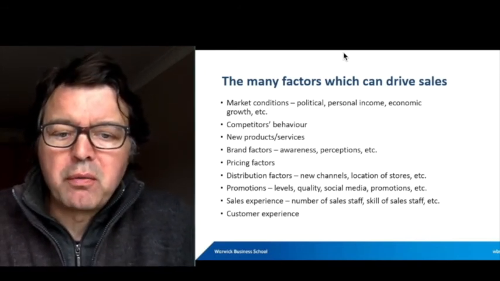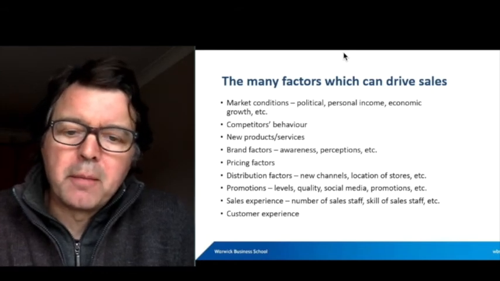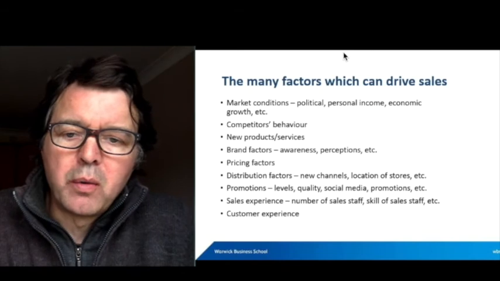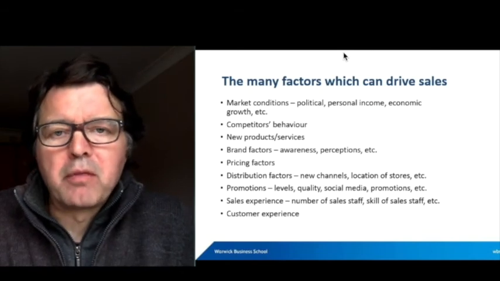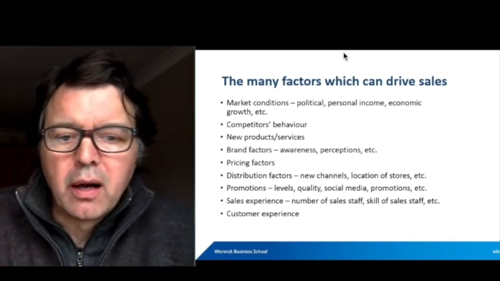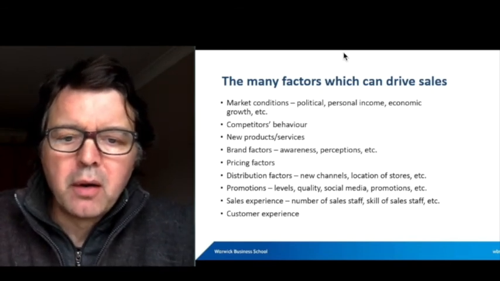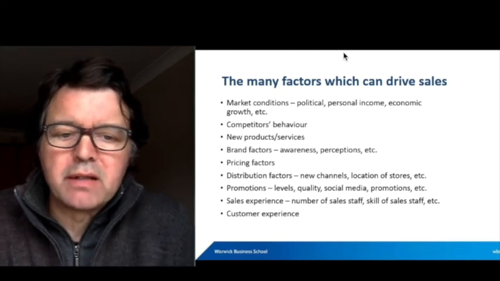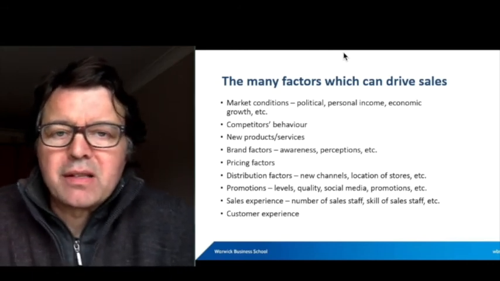Promotions, so if we decide to do 2-for-1 sales, or we provide some other form of attraction to our product, maybe we increase quality or we do social media activities, then that's going to affect our sales.